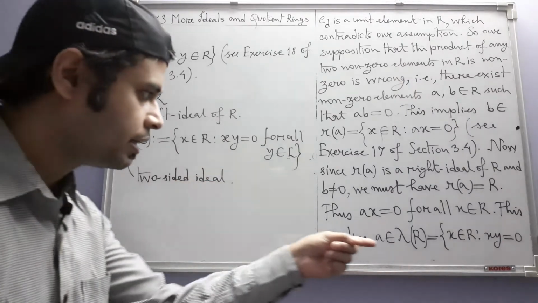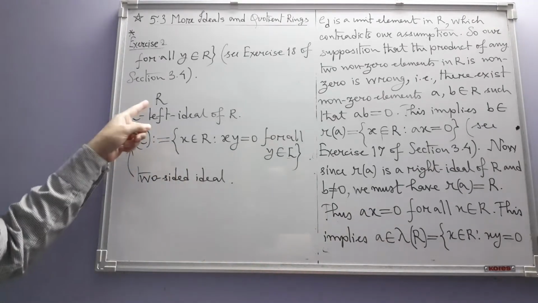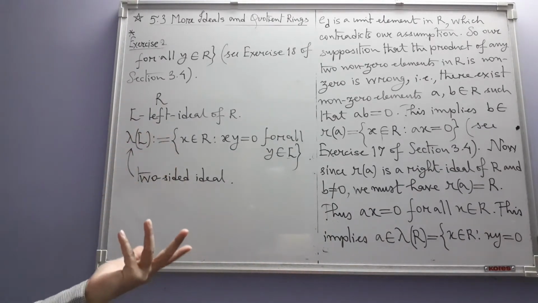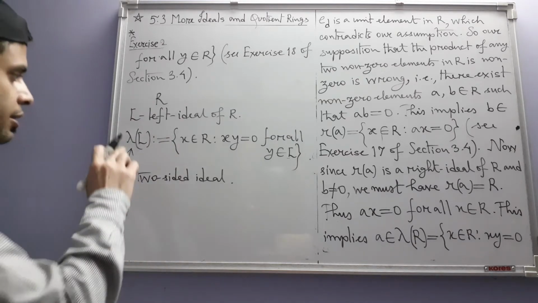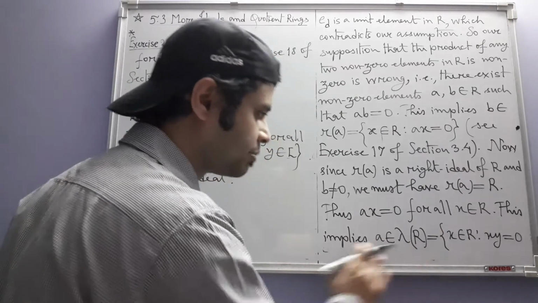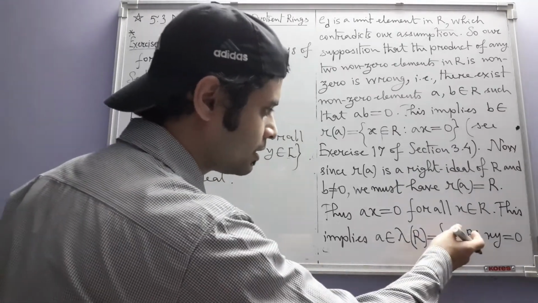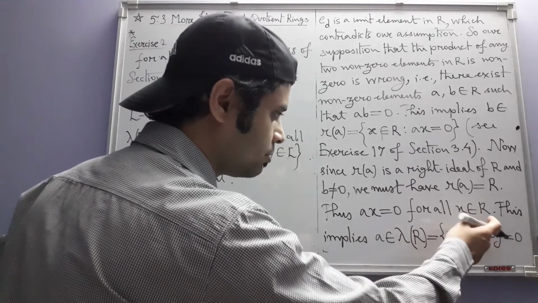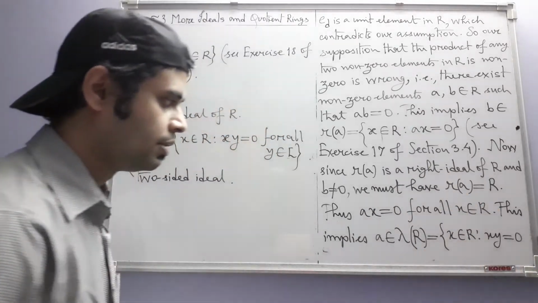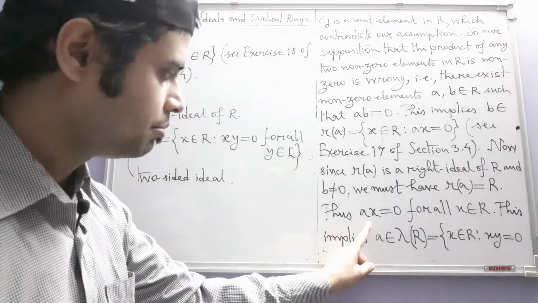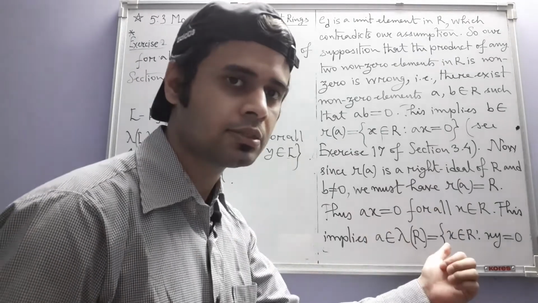Now in our case, in place of L we have R itself, because R is an ideal of itself, so all the more so R is a left ideal of R, so we can in fact consider lambda of R, and this lambda of R is the set of those elements which when we multiply by any element of R gives us 0, and A is one such element, because multiplying A by any element of R from the right side gives us 0.